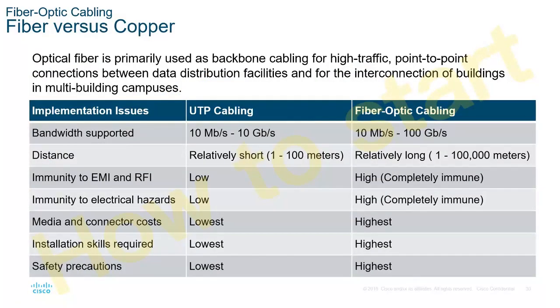Comparison, distance: if we're talking copper-based cables, lower distances. Copper is susceptible to EMI, RFI, other electrical issues, though copper cable is typically cheaper to install. Bandwidth is always an issue because newer copper-based cables show equal length when it comes to the actual speed of the cable.